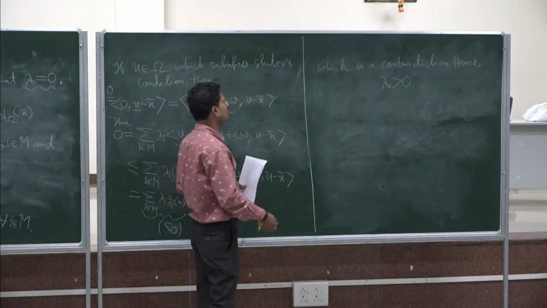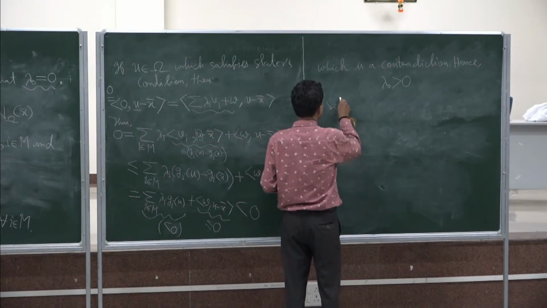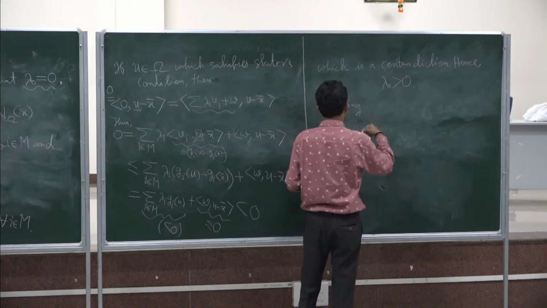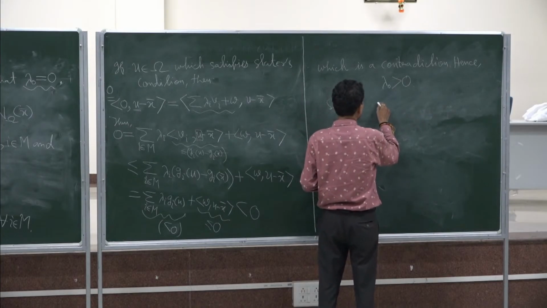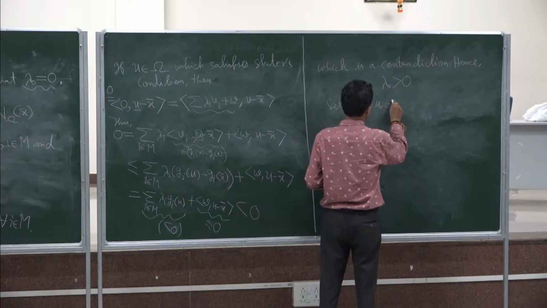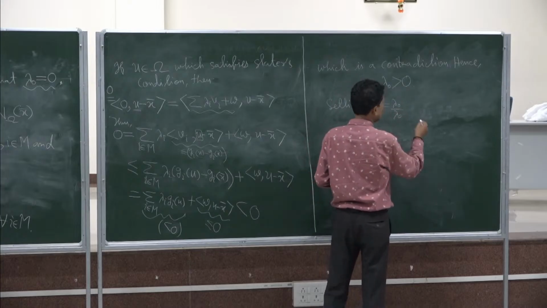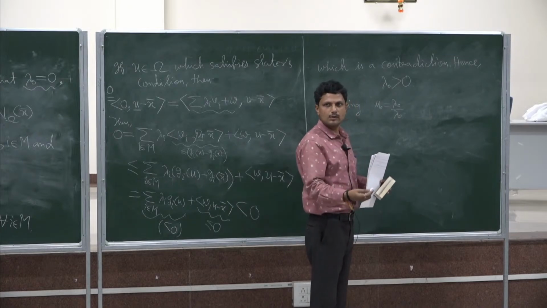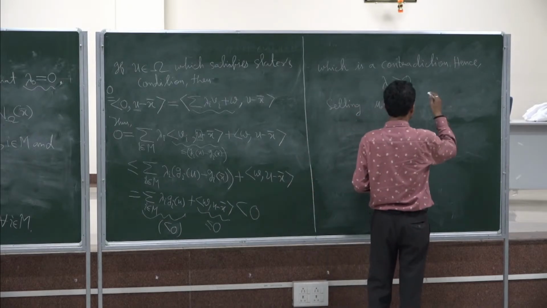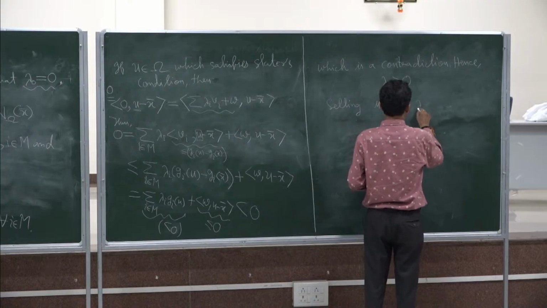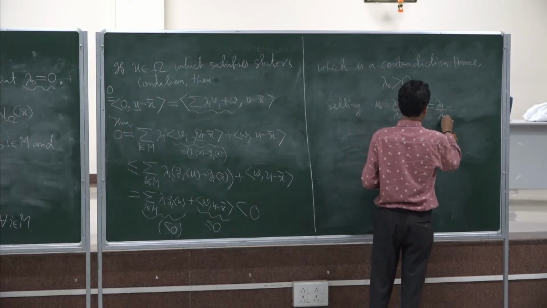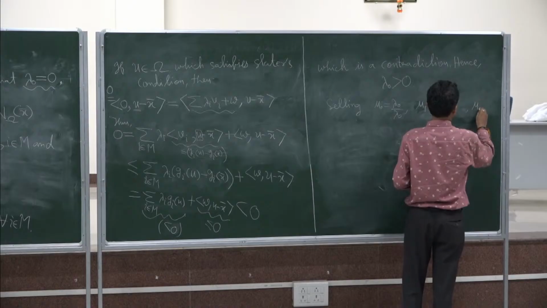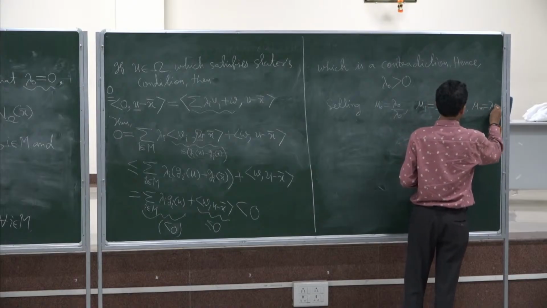So all the multipliers like lambda naught, we can do this setting or whatever you want. I mean, it's already proved, but now we can take mu naught as lambda naught upon lambda naught, right? So the first multiplier will be 1 and all the remaining multipliers, like mu 1 as lambda 1 upon lambda naught and so on, mu m as lambda m upon lambda naught.